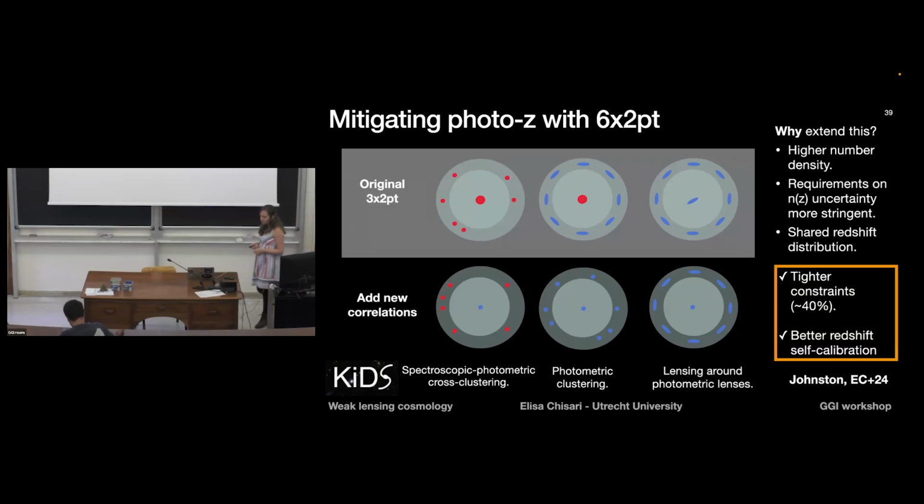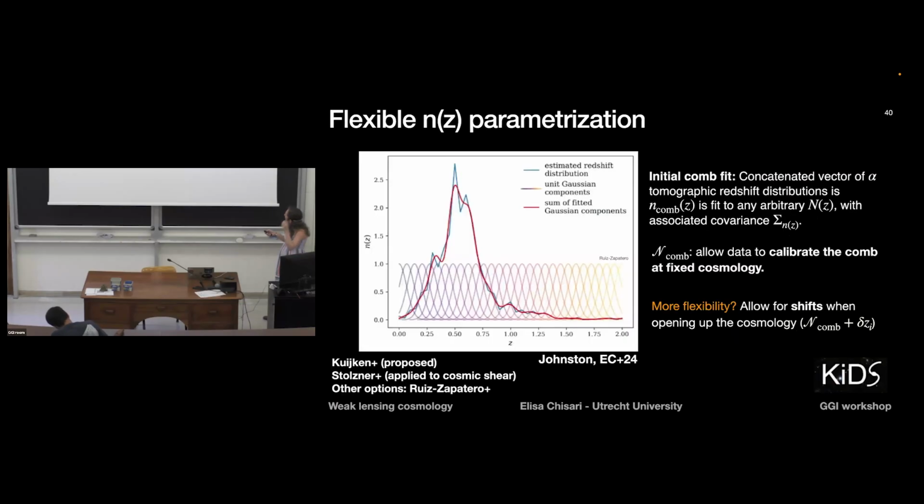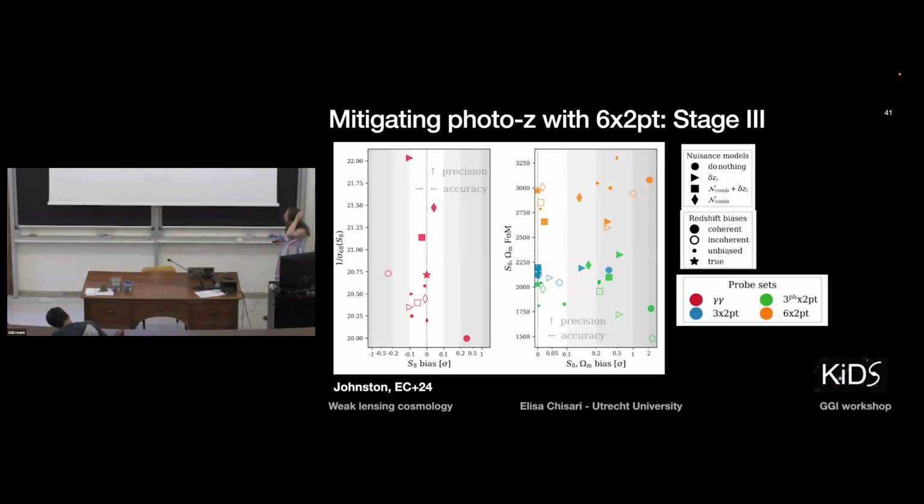Why do we want to do this? Well, it actually leads to tighter constraints on S8 by 40% for stage 3 surveys, and it also gives you a better redshift calibration. You self-calibrate the redshifts by using the extra power of the data. Okay, I think I'm going to skip some stuff because it's otherwise too much, but here you see evidence that a 6x2 point compared to three photometric or three spectroscopic scenario gives you way more figure of merit.